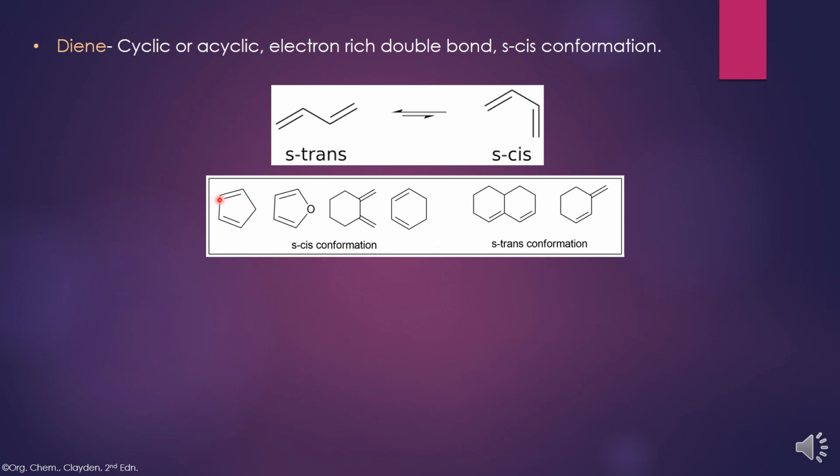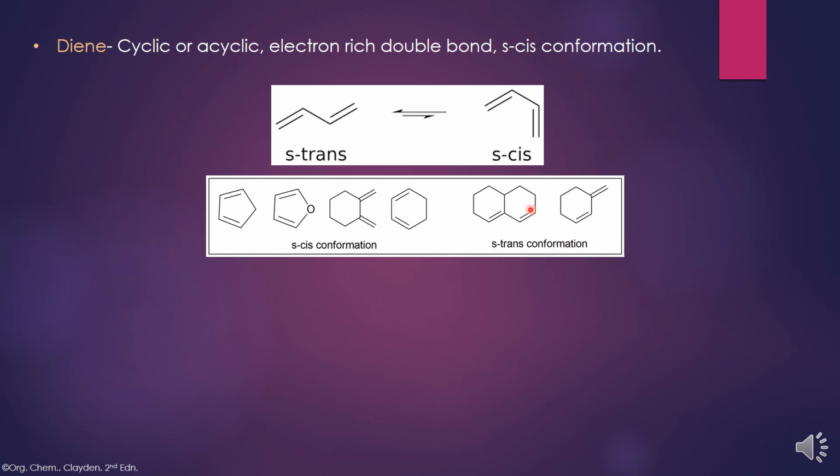Here are some examples for S-cis conformed dienes and S-trans conformed dienes. This is cyclopentadiene, and with respect to this sigma bond, these two double bonds are cis. This is another example of an S-cis diene, furan, and this is another example, also with a cis conformation, and here also cyclohexadiene with a cis conformation.